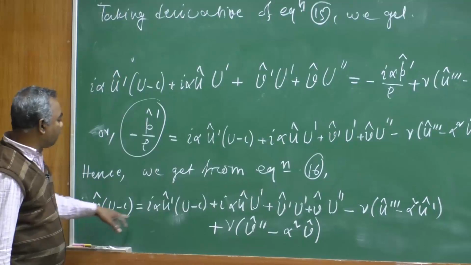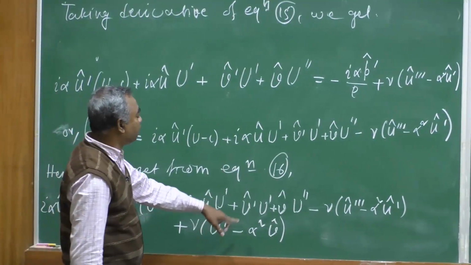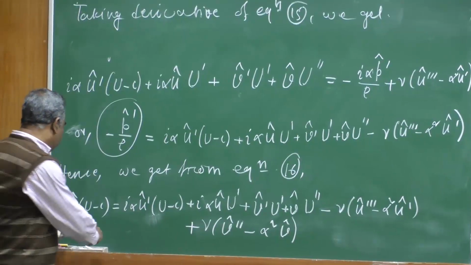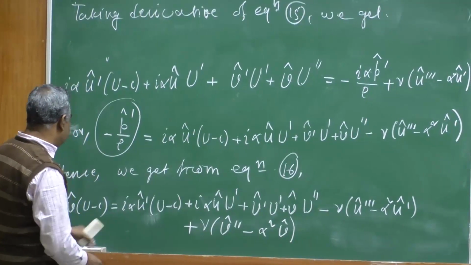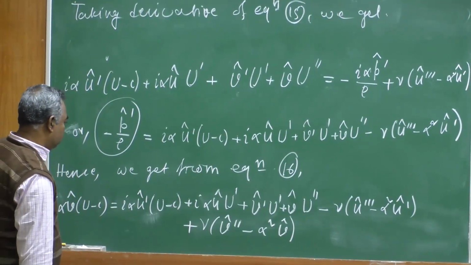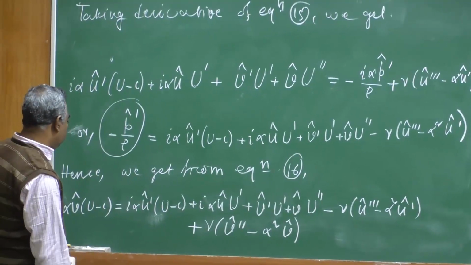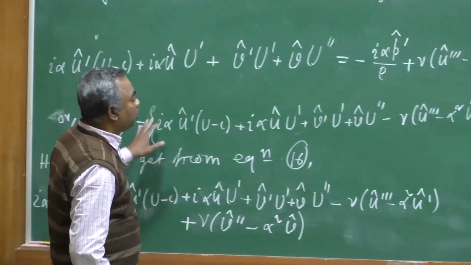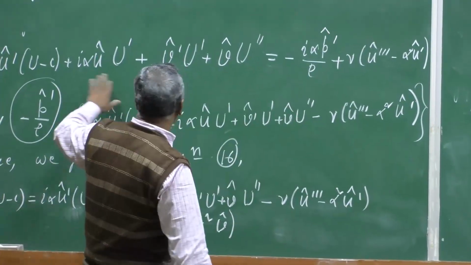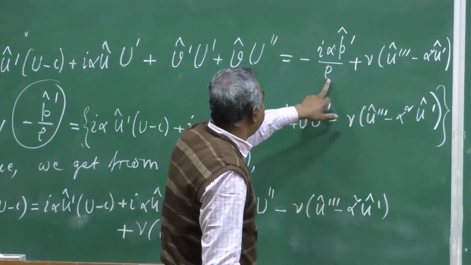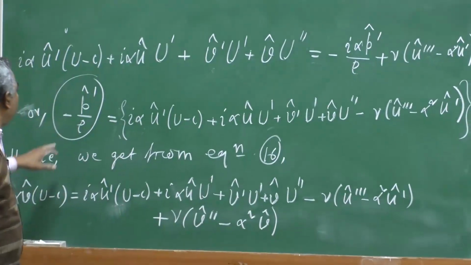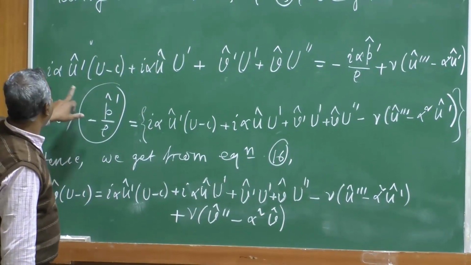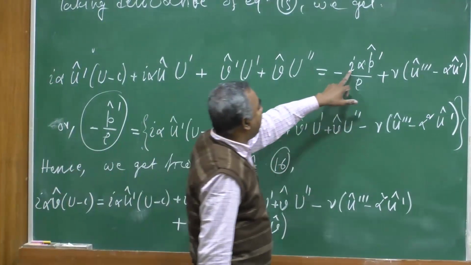Now, in this equation we have to replace all the u hat in terms of v hat from equation 14. Let us see what we get. There is a slight mistake, we have to correct that here. When we are writing p hat prime by rho, we forgot to divide by this I alpha.